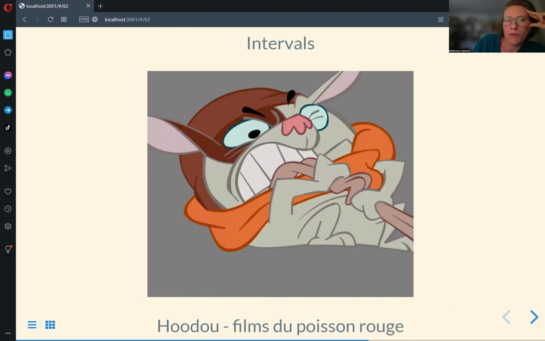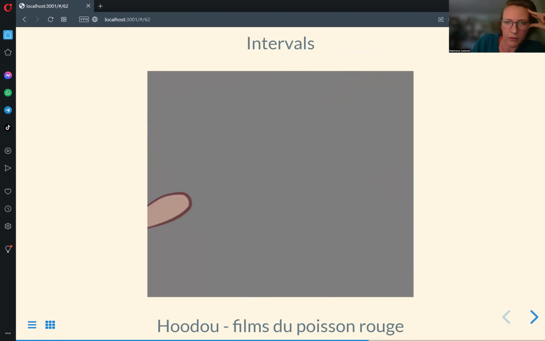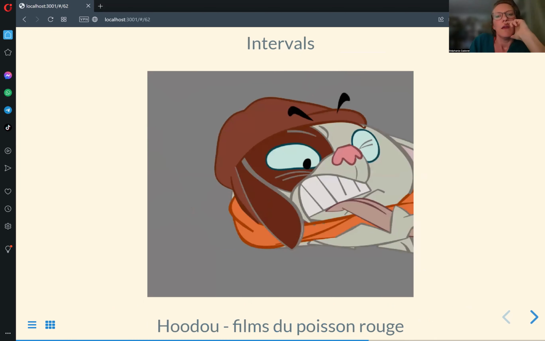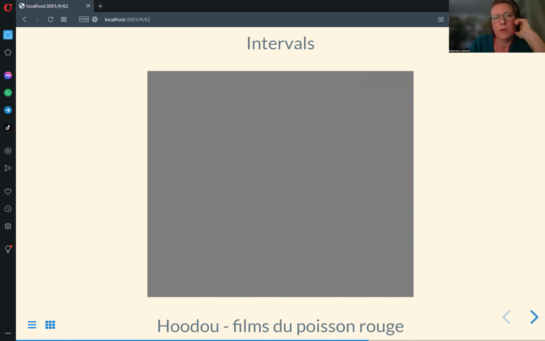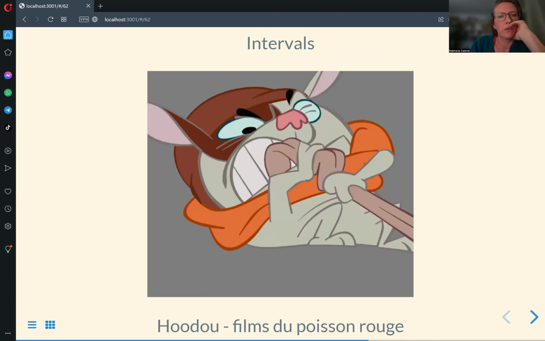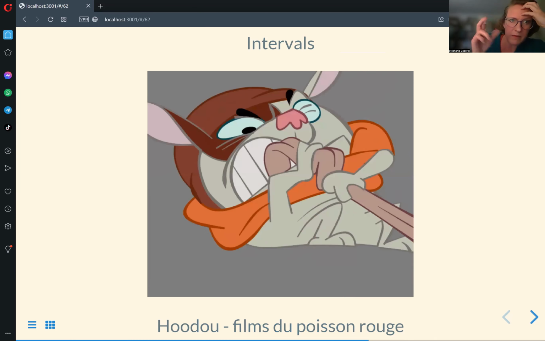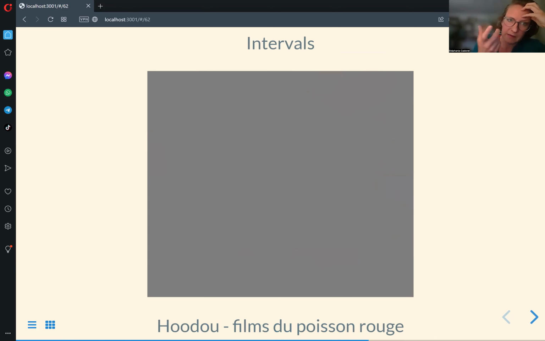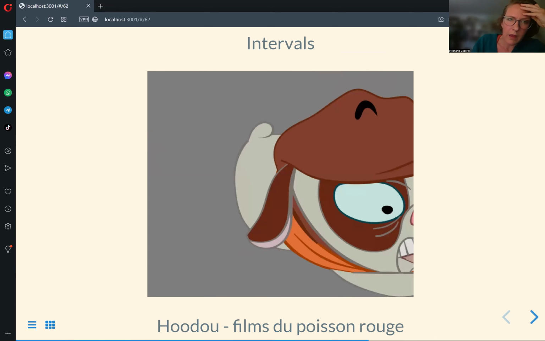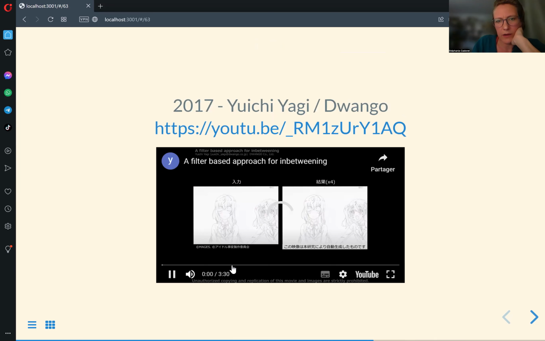Inbetweens are a very old problem that has been explored for quite a while now. In Udo, you need one out of seven frames to be hand-drawn, and sometimes more when there are changes of axis or angle. The problem with using automatic inbetweens is that it has a very uncanny effect.